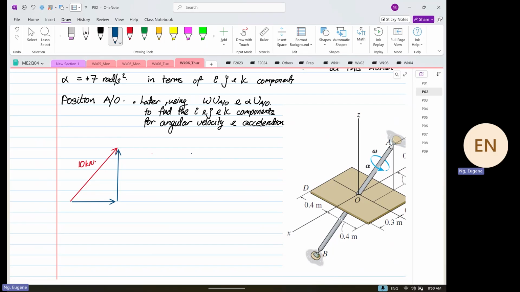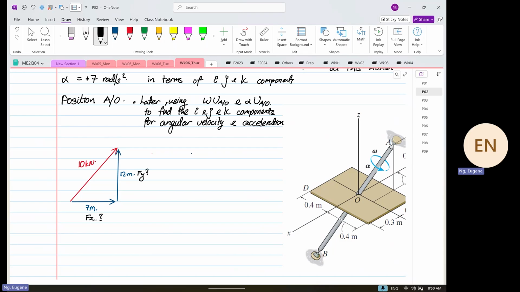So if this distance over here is, for example, 7 meters, and over here you have 12 meters, just an example, what we would like to do is determine what is our Fx and what is our Fy.